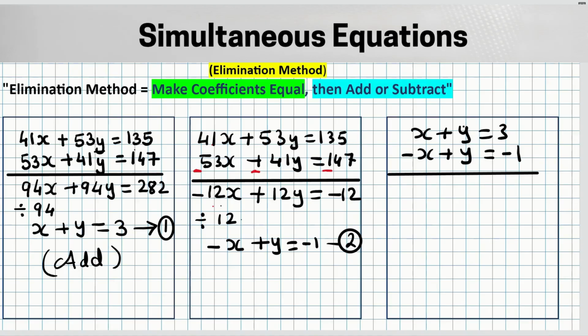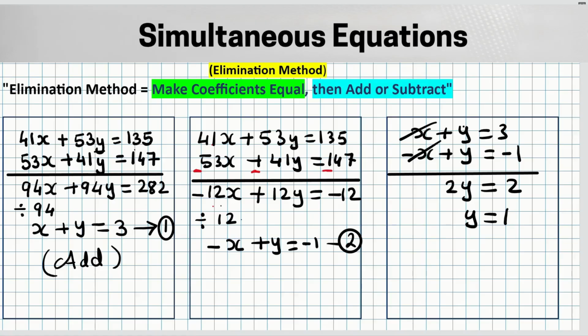Right now on the screen you can see I can get rid of x. It is the same and opposite, so we are going to add the equations. y plus y is 2y, and this is 2. So the value of y is 1.